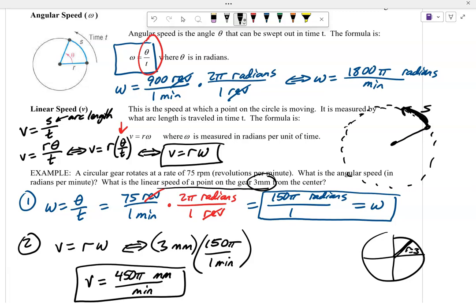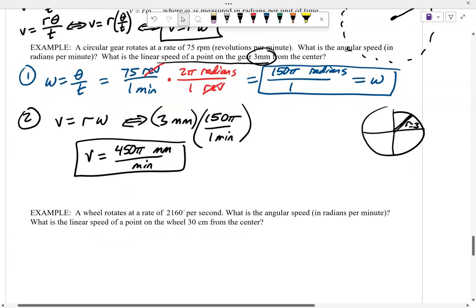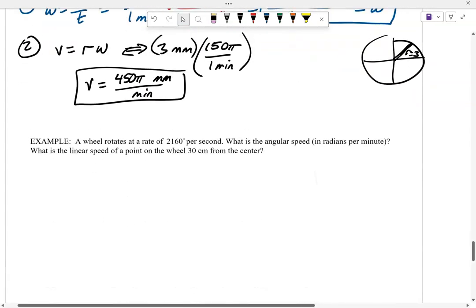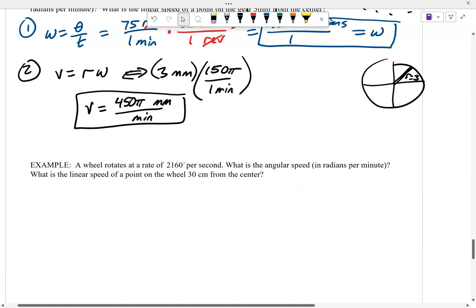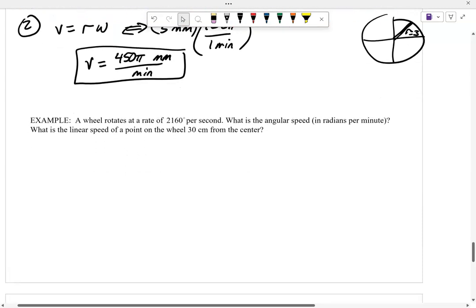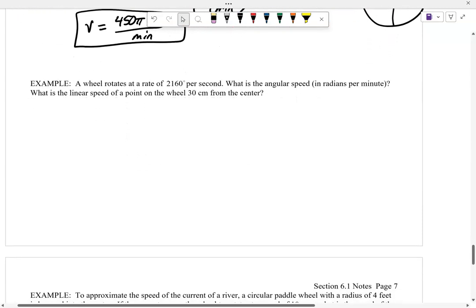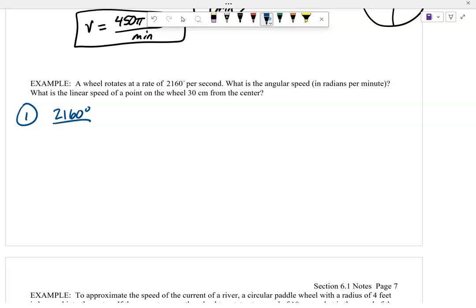Okay, let's do another one. We've got a wheel that rotates at a rate of 2160 degrees per second. Now we want this in radians, you guys. So we have 2160 degrees per second. Now we want this angular speed in radians per minute.